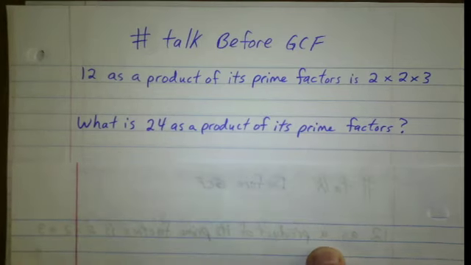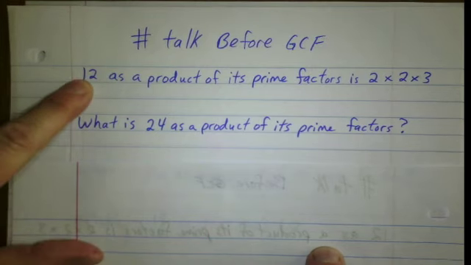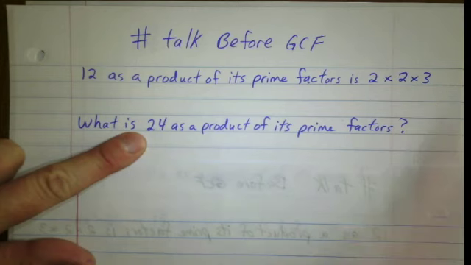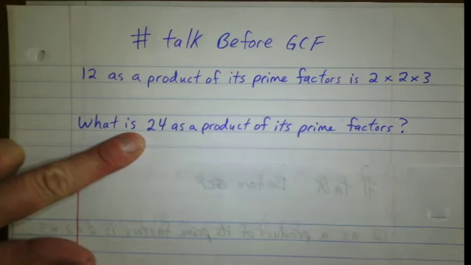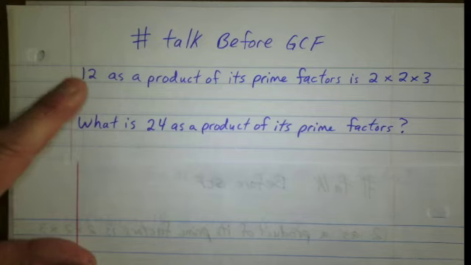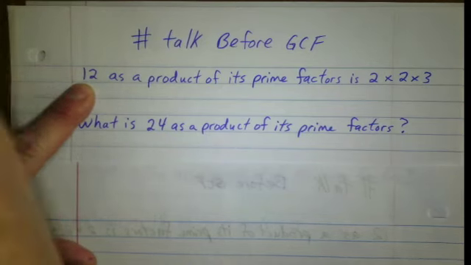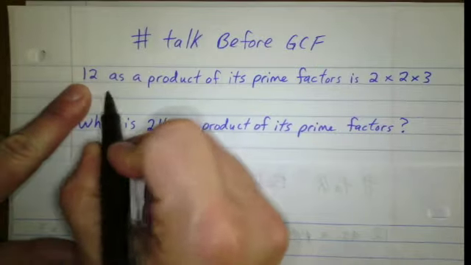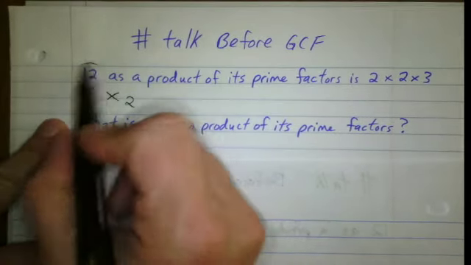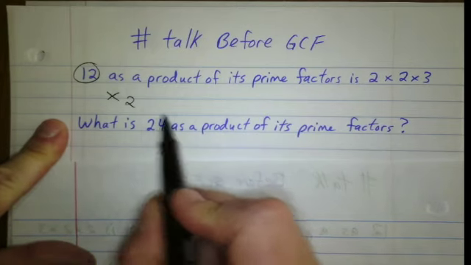So what do you notice? Maybe some correlation between 12 and 24 that would help you figure out what 24 would be as a product of its prime factors. You should notice, and maybe some of you see it, that you could take 12 and times it by 2 to get 24.